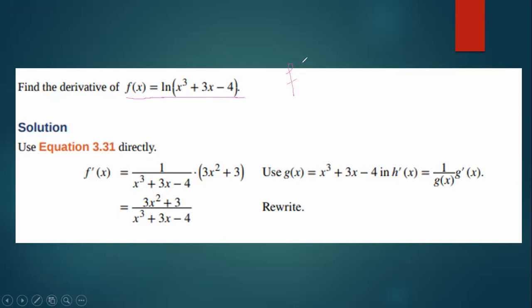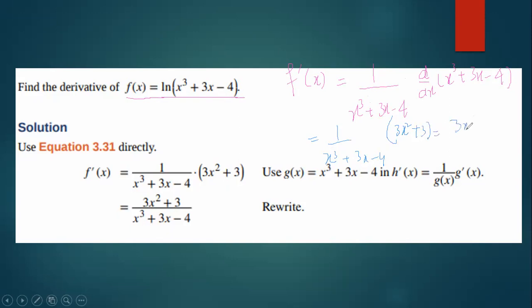So the derivative will be 1 upon the value, that is x cube plus 3x minus 4, and then taking the derivative of this value, 3x square plus 3.